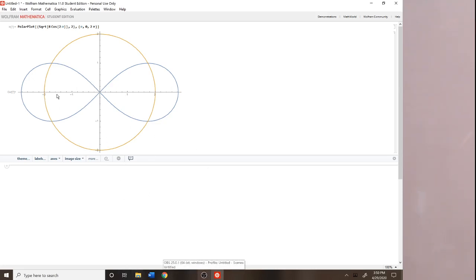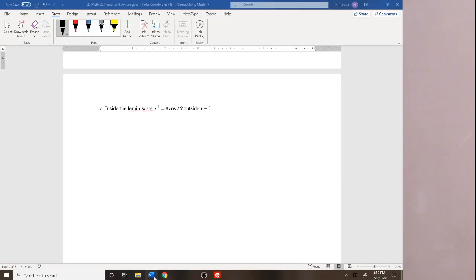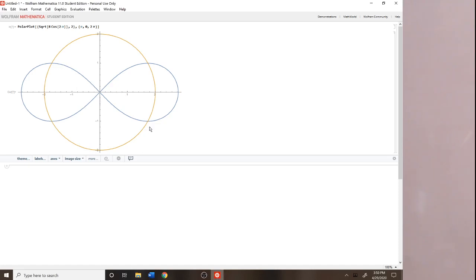So anyhow, the problem here asks us for inside of this shape, which they call a lemniscate, never pronounced that properly, and outside of the circle. So if you look at the plot, outside the circle would be out here and inside the shape.